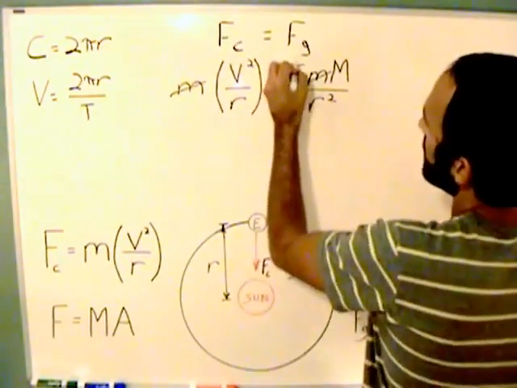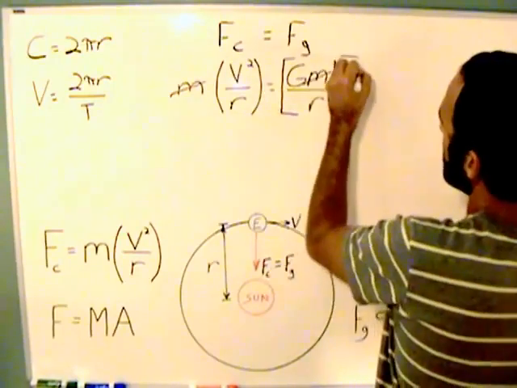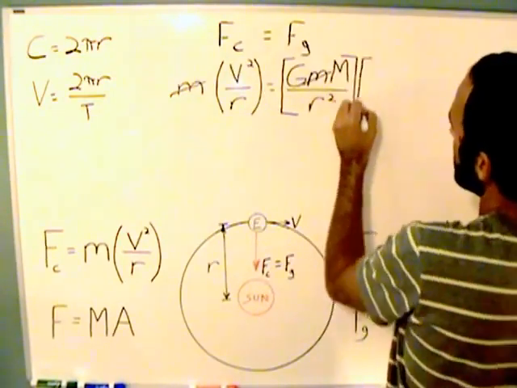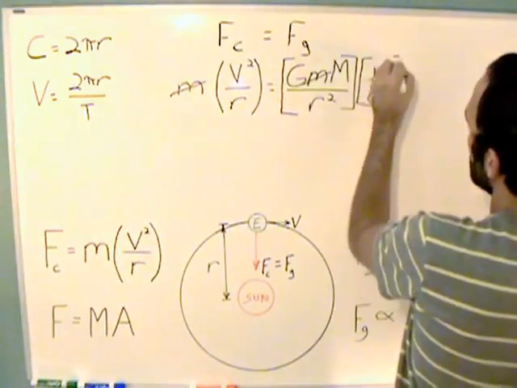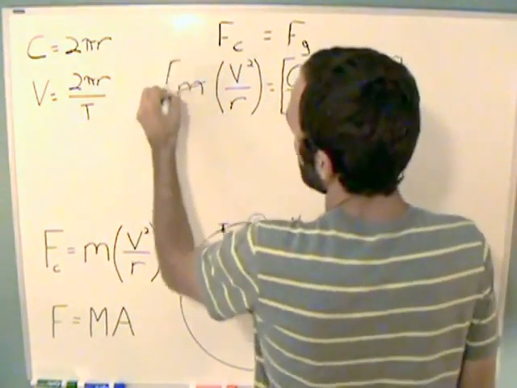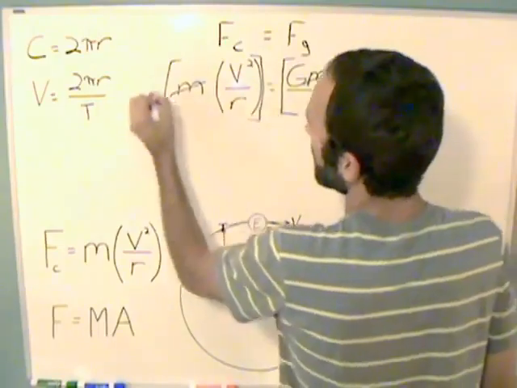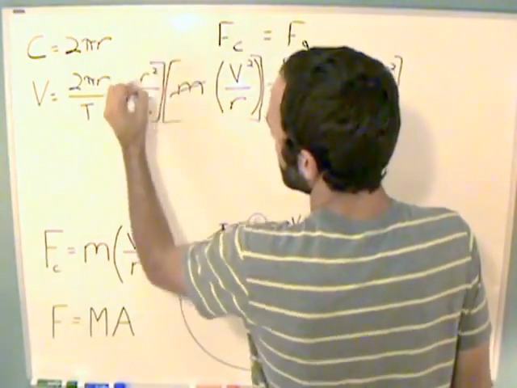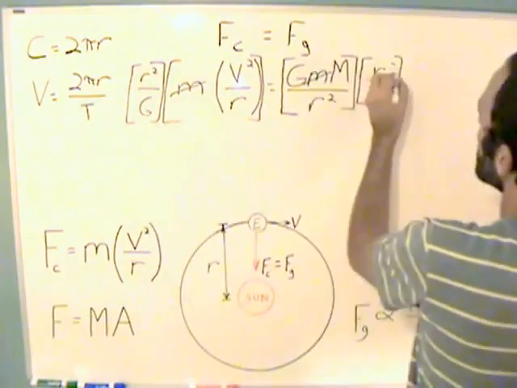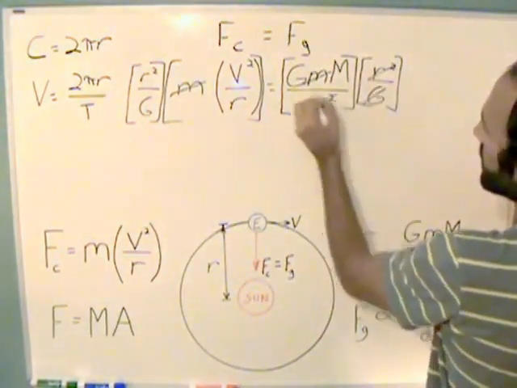Okay, so showing some simple algebra here, you could multiply this side times r squared over G, and multiply this side times the same thing, r squared over G, just to show the steps. So R squared cancels, G cancels, G cancels.